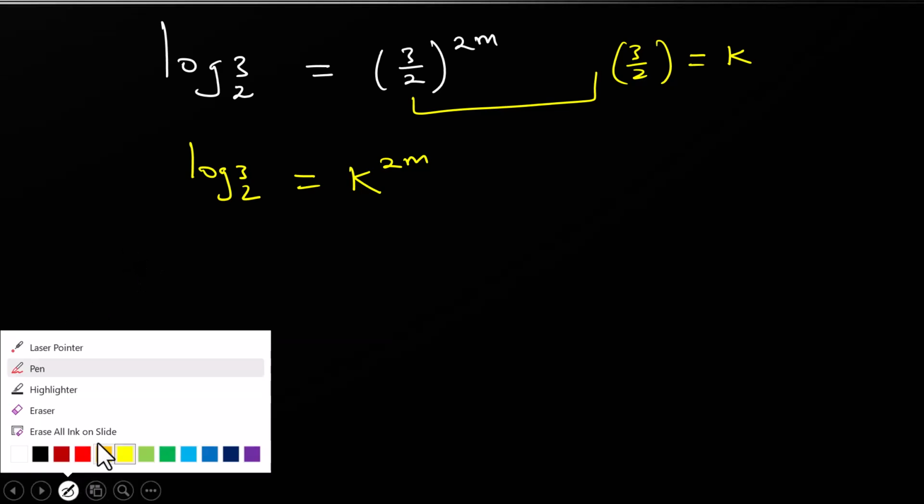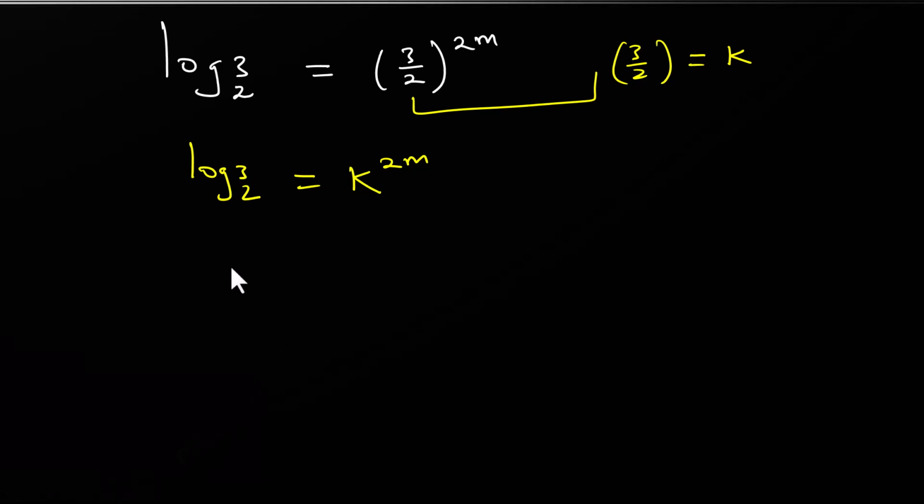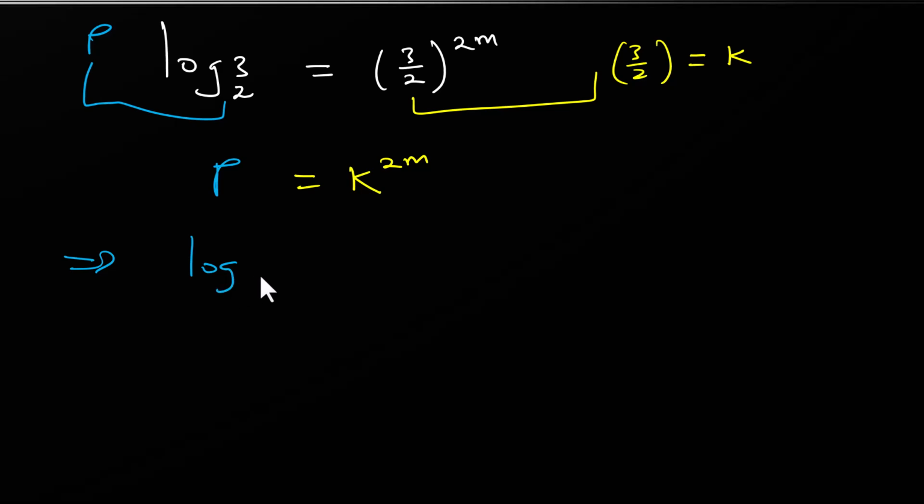All right, so we can also let this one be, let's say p. So instead of this I'll put p there. Okay, so let's take log again. That will be log p equals log k to the power 2m.